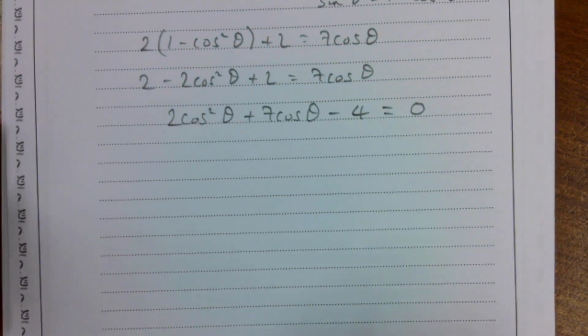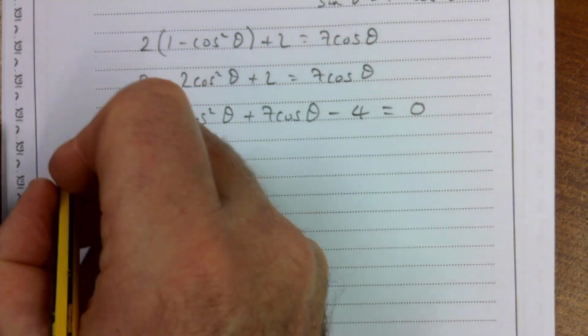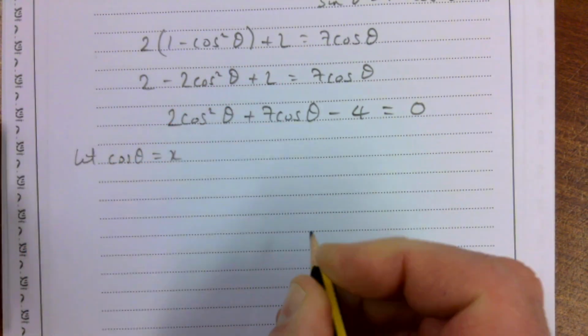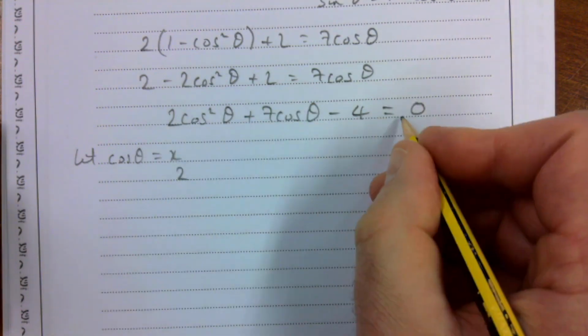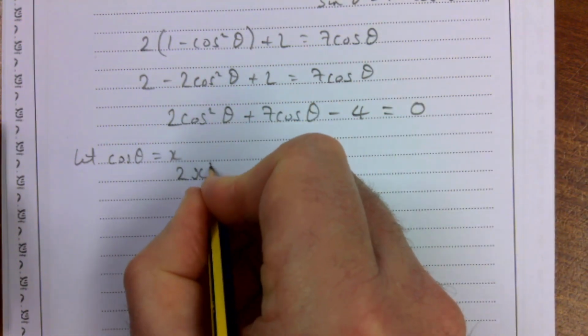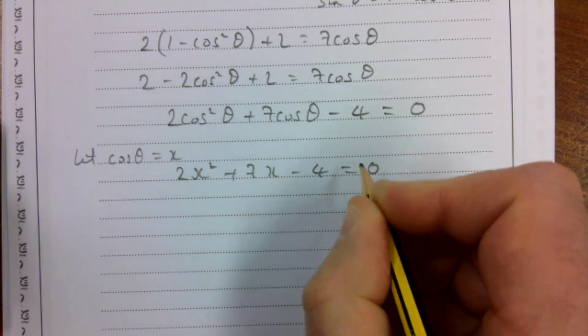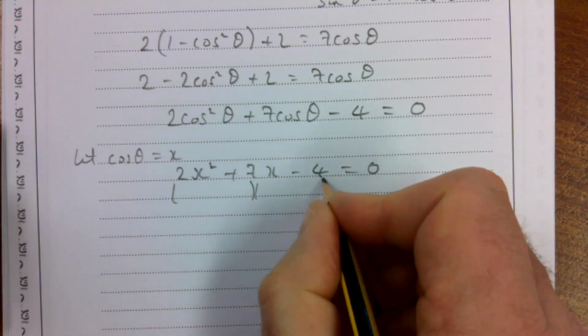Now some people will just do it, let cos theta equal x, just to make life a bit easier whenever we're solving this quadratic. So 2x squared, you don't have to do that, plus 7x minus 4 equals 0, and then we're going to factorize that.